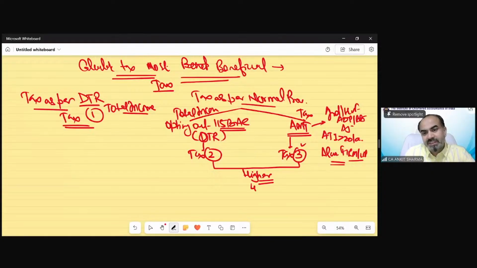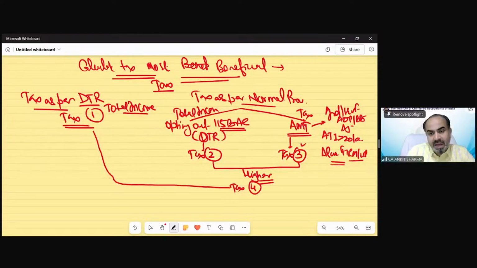Suppose the name is tax 4. This tax 4 and tax 1 need to be compared at last, and whatever is the lower is going to be my final tax liability, along with the corresponding income.